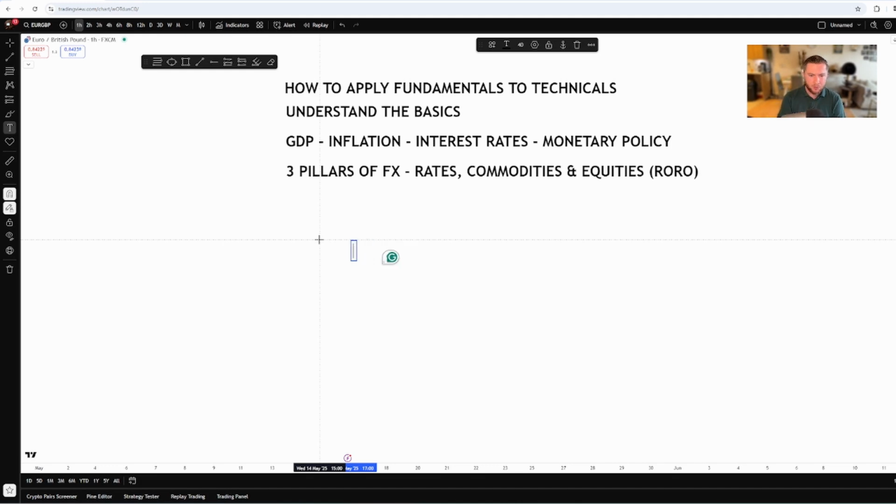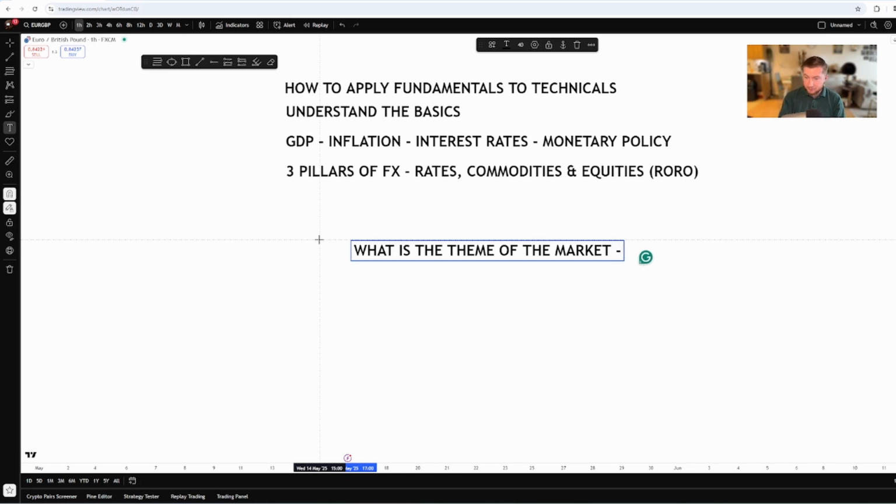But this is the main thing we have to think about. First, number one, what is the theme of the market? What do I mean by what is the theme? Basically, what is everyone yapping about? Everyone is chatting. So I'm recording this in May 2025, so we know everybody is yapping about tariffs. That is the theme of the market. Literally, the theme is, what is everyone talking about?